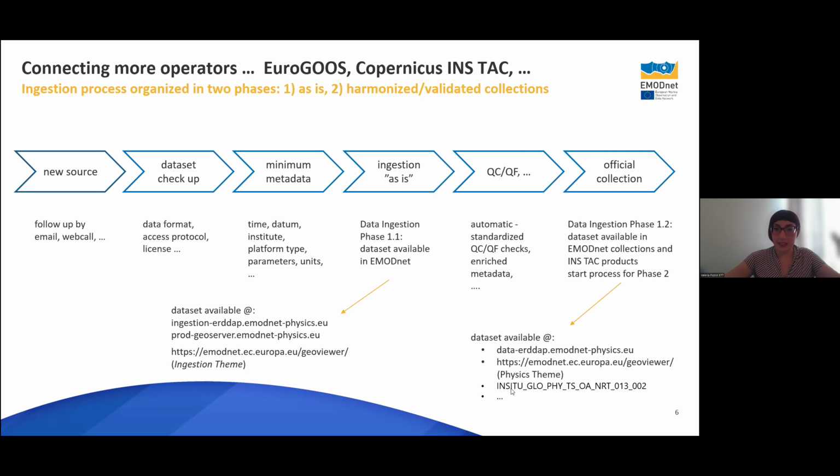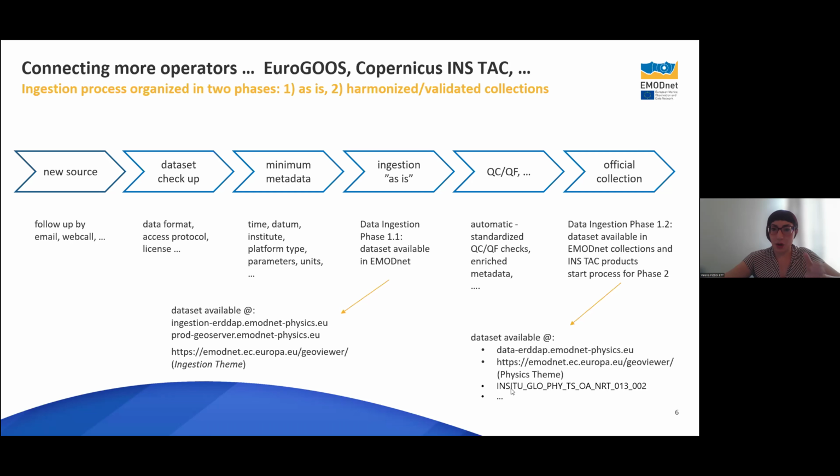As you can see in the workflow presented in the slide, when there is a new source, which is basically connected by personal connections as the ones that we are doing today in the workshop, there is a first checkup on the data set, which is about basically the data format, the protocol, and the license of the presentation of the data. There is a minimum metadata layer that is needed, so at least some metadata must be present.